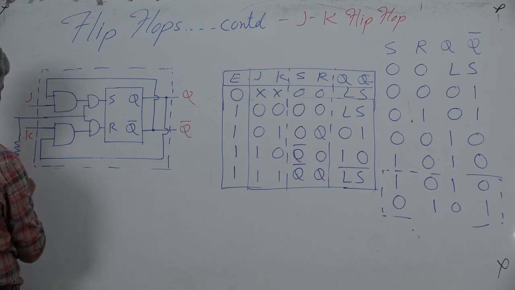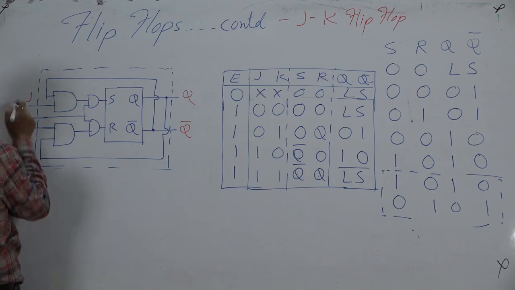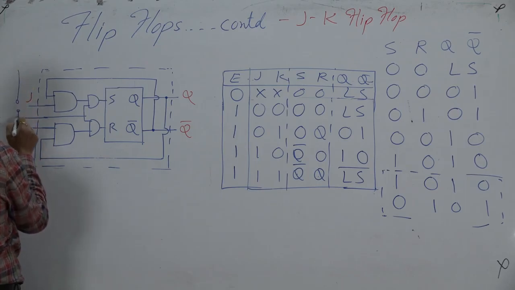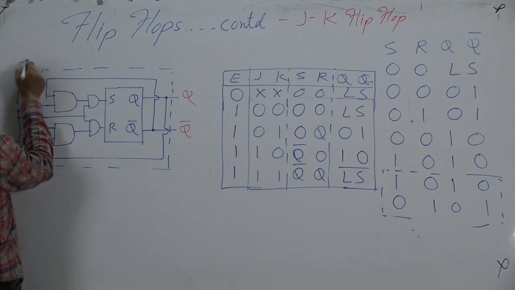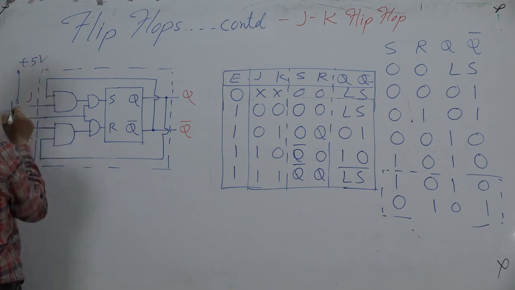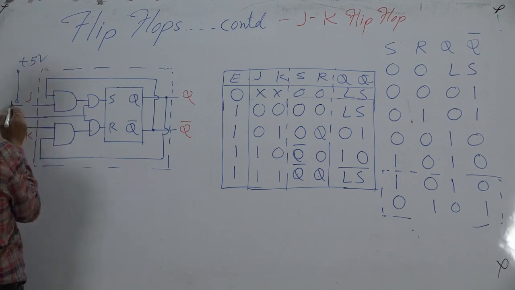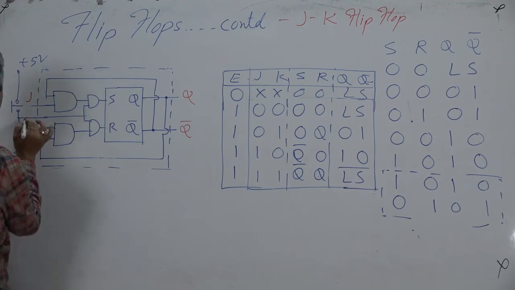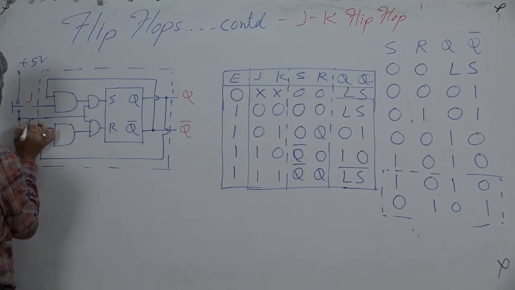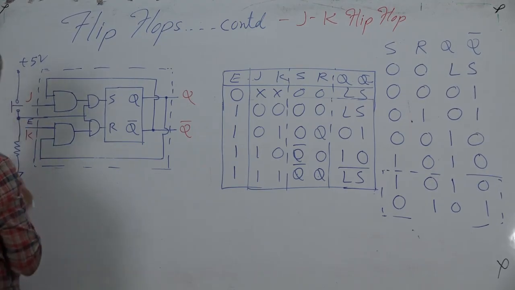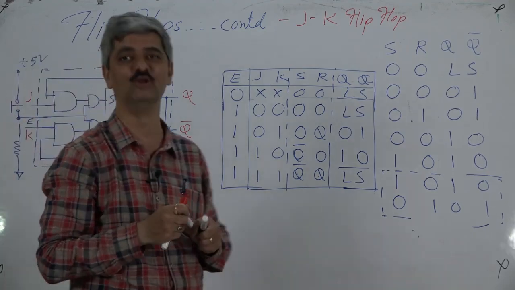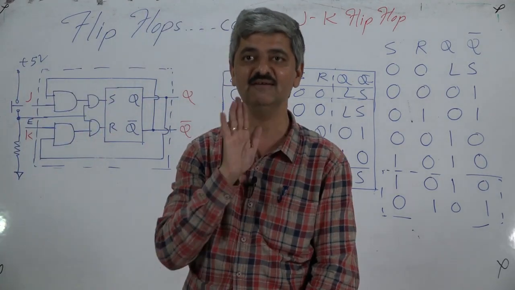It is through a pull down, it is grounded, and it is connected to plus 5 volt, that is logic high level, and a switch. This is my E output of this circuit. So, normally E will be low.